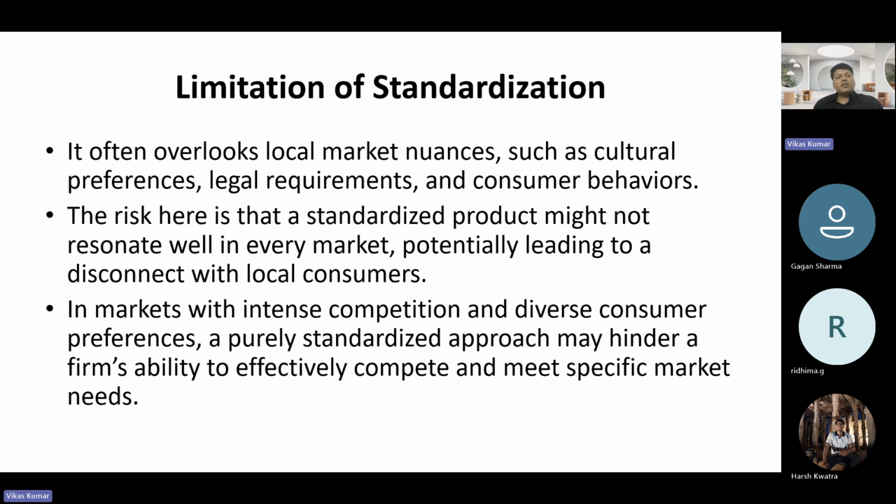The risk here is that a standardized product might not resonate well in every market, potentially leading to a disconnect with the local consumer. In markets with intense competition and diverse consumer preferences, a purely standardized approach may hinder a firm's ability to effectively compete and meet specific market needs.